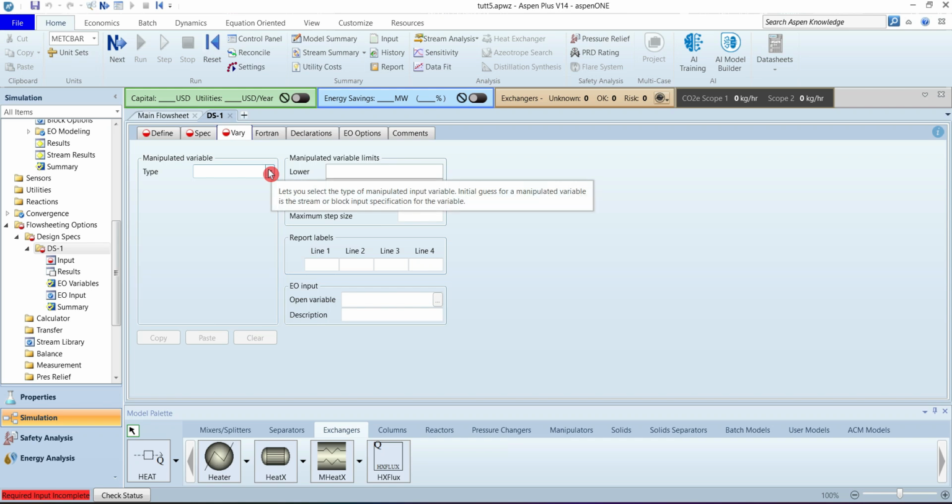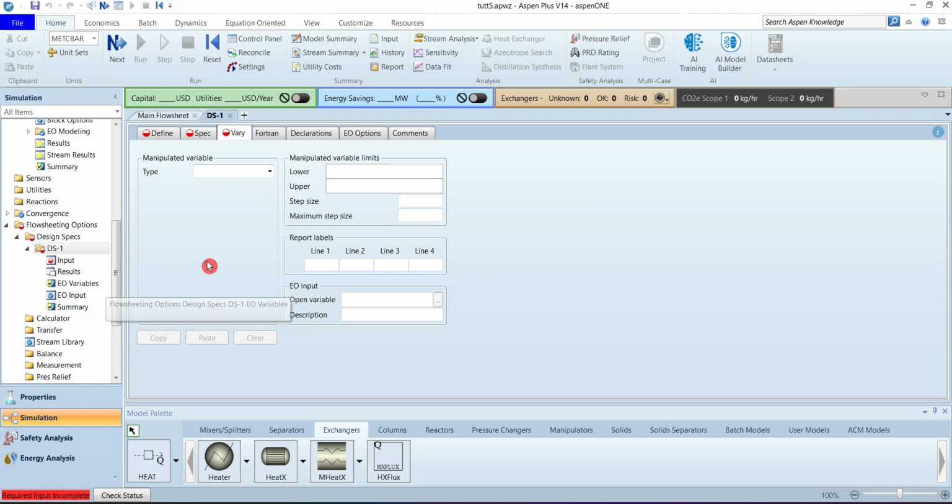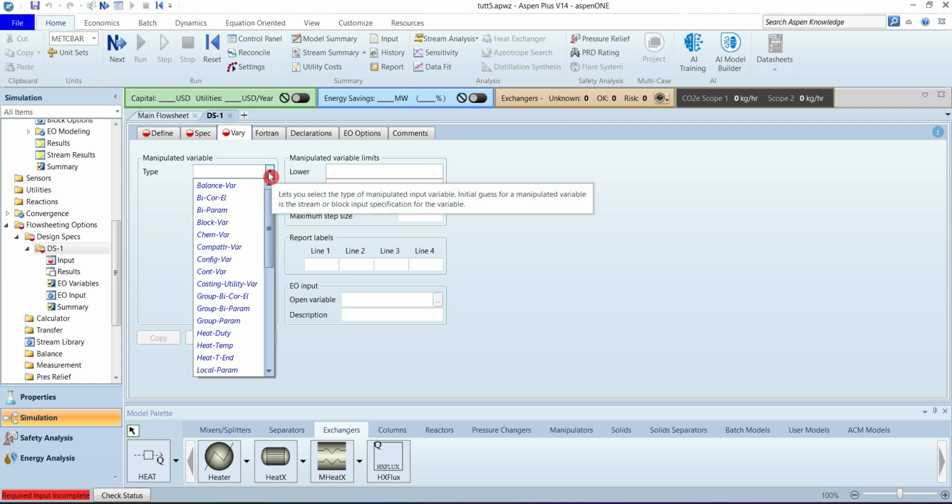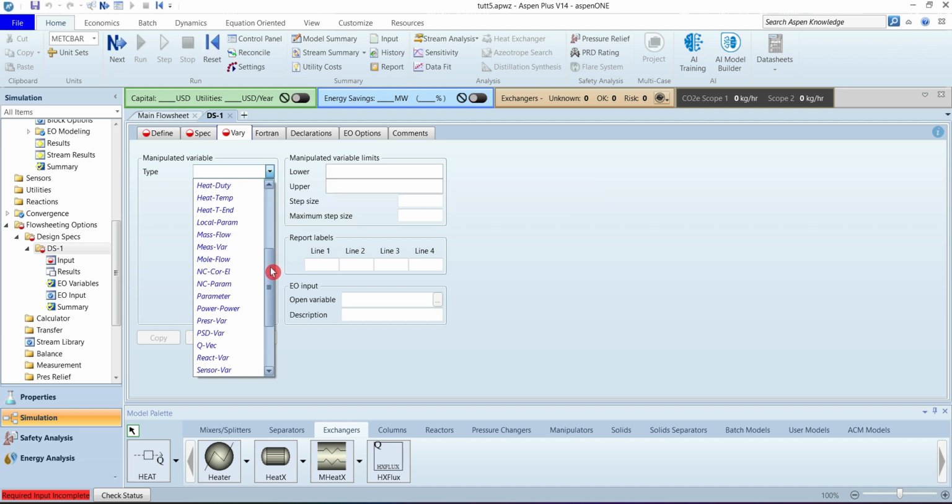How do we specify this? This is a very common approach in flow sheeting options as well as in the model analysis options. Aspen Plus gives a very sequential procedure to pick all the variables. First is the type of manipulated variables. For stream variables, we need to figure out from the option of stream variable. These are different groups.